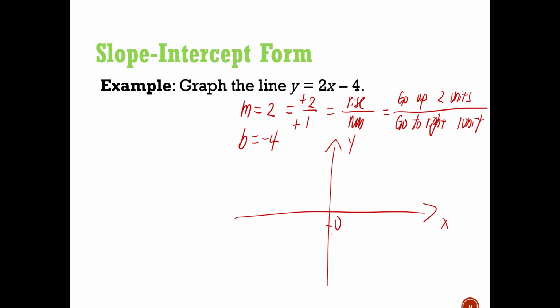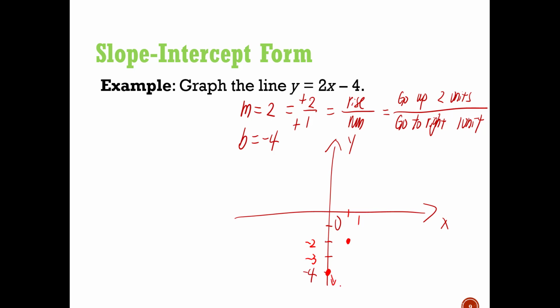The y-intercept is -4, so -1, -2, -3, -4. We get a point right here. Now follow the slope. It tells us go up 2 units and go to the right 1 unit. So now go up 2 units, go to the right 1 unit, and we nail down another point.